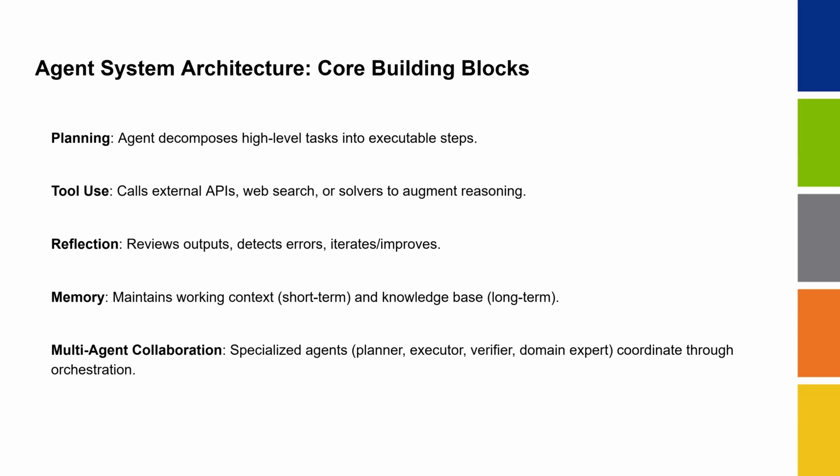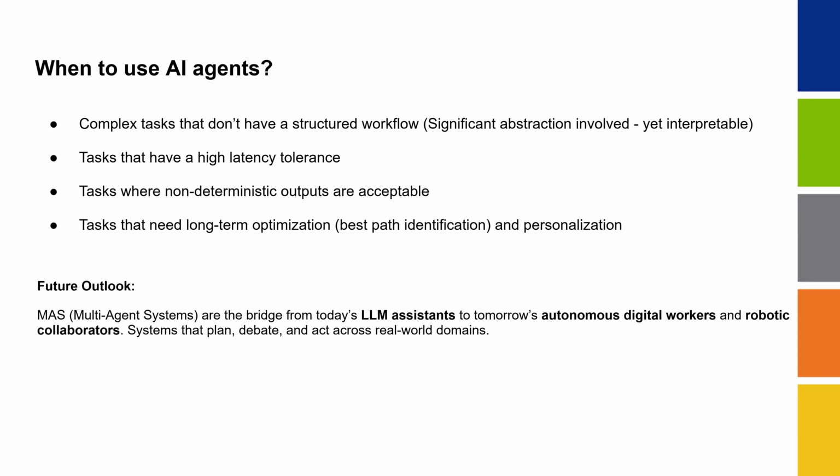Moving on, when do we use AI agents? Now, this is a highly debated topic because most of the time when agents were proposed as a tool or system, it was suggested that complex tasks that don't have structured workflow, meaning there is significant abstraction involved, yet interpretable, and tasks that have high latency tolerance, tasks where non-deterministic outputs are acceptable, and tasks that need long-term optimization, meaning best path identification and personalization.